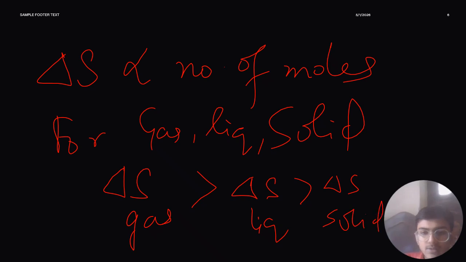Because in the gaseous phase maximum randomness is there, and the intermolecular force of attraction is not strong. Particles are free to move, so randomness is more, so entropy is more, because entropy is nothing but the measure of randomness or disorderness. Okay, so here we go with the entropy.